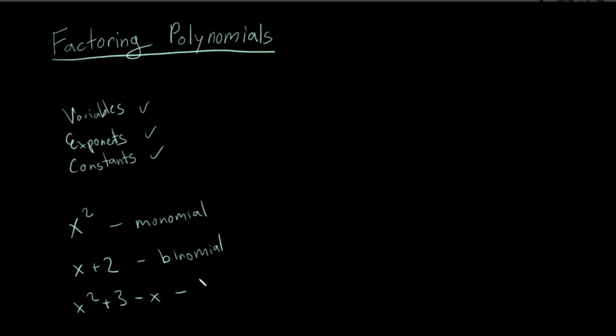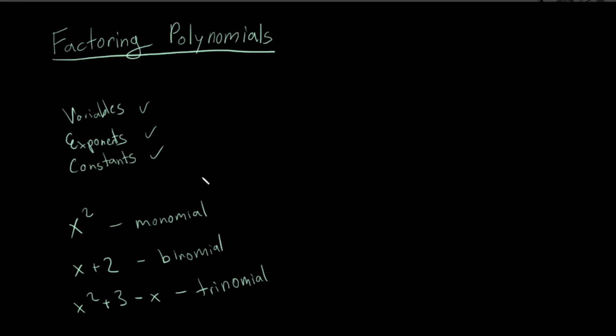This is known as a trinomial. These are most of the ones you'll see at this level of math, but higher on you might see more terms. But for now, this is generally what you'll be saying, monomials, binomials, and trinomials.